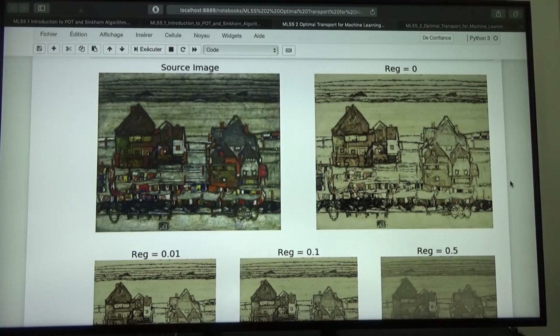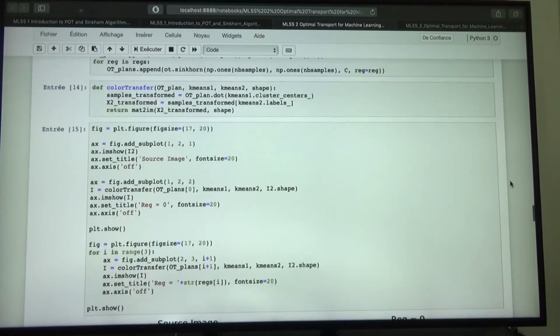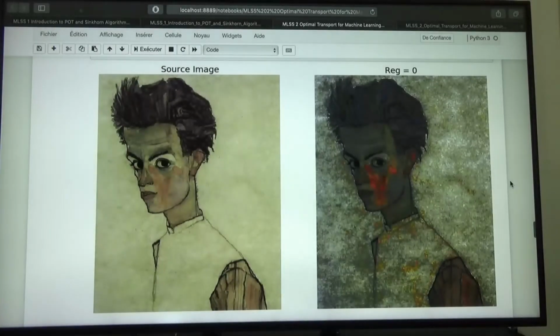Well, in this case, it's not too bad for the landscape with the colors of the portrait. But if we do it the other way around, we see that, well, there's a lot of irregularity in the transferred images. So yeah, one first thing you could do is change the cost matrix, and maybe with something more intelligent, taking into account the colors.